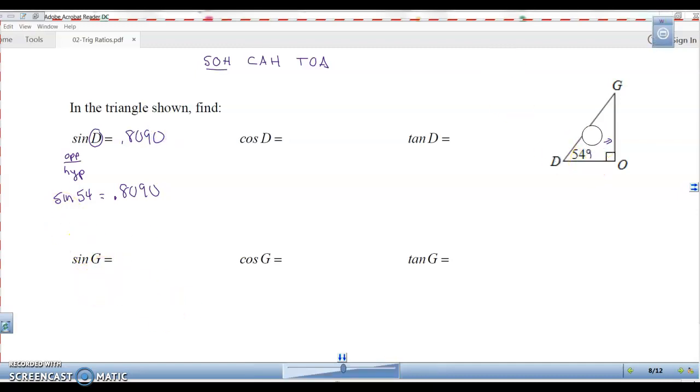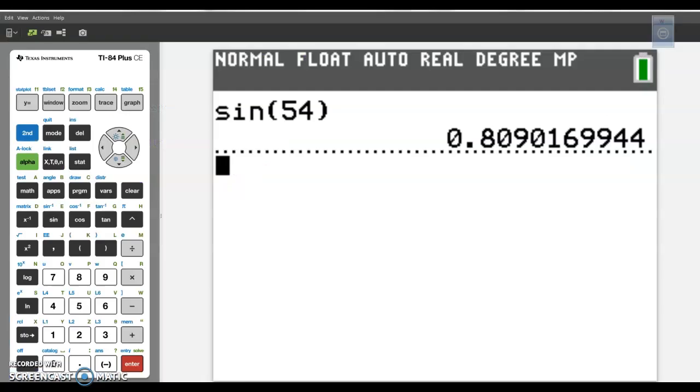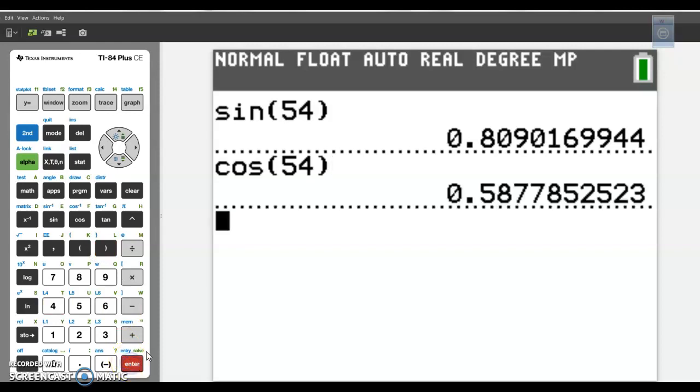All right, the cosine of 54. Cosine is adjacent over hypotenuse. So that would be adjacent over hypotenuse here, but we are actually looking for the cosine of 54 degrees working from this angle right here. So we go to our calculator, you put in cos 54, press enter, you get 0.587, I'll round this off, 0.5878.